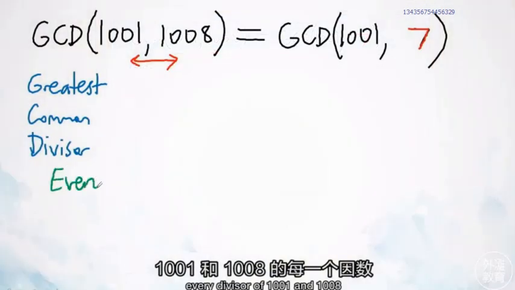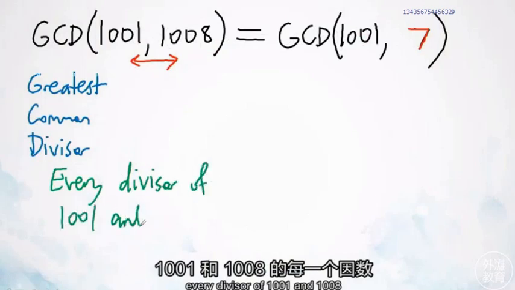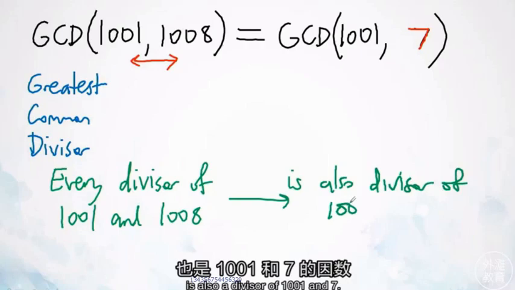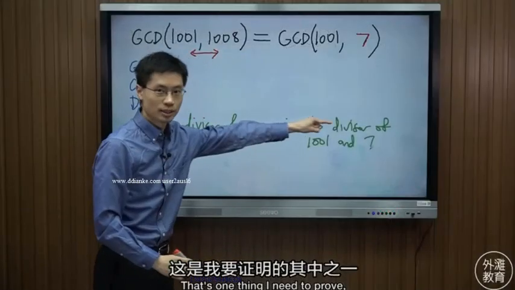Every divisor of 1001 and 1008 is also a divisor of 1001 and 7. That's one thing I need to prove.